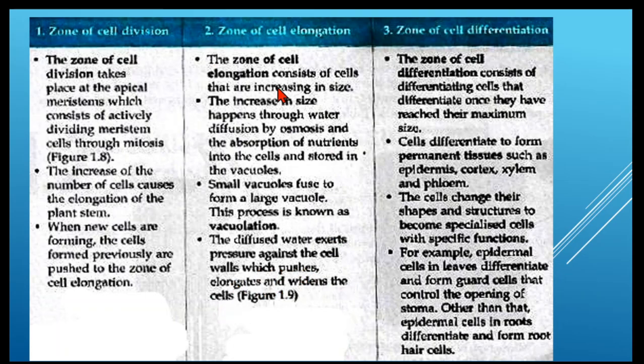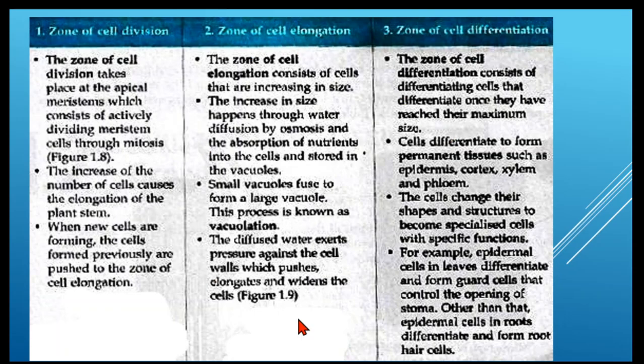So di sini inilah yang berlaku di zone of cell elongation. How about in zone of cell differentiation? The zone of cell differentiation consists of differentiating cells that differentiate once they have reached their maximum size.